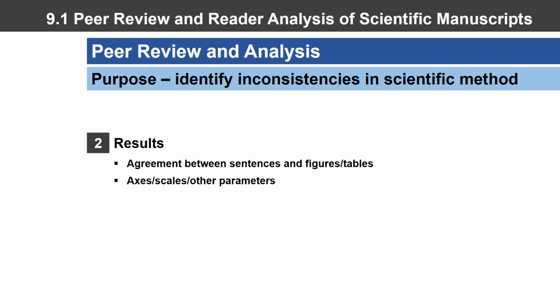Let me understand the results, and let me make sure that these axes, scales, or other parameters are consistent with how other biological studies in my particular field are done.